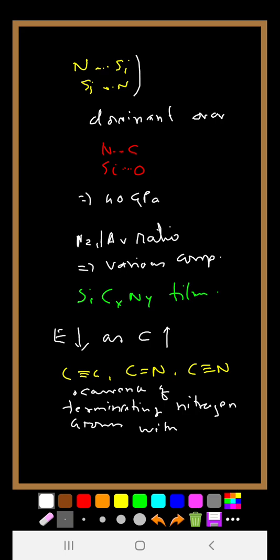So higher carbon concentration causes a decrease in modulus and the formation of these bonds, all terminating in nitrogen.